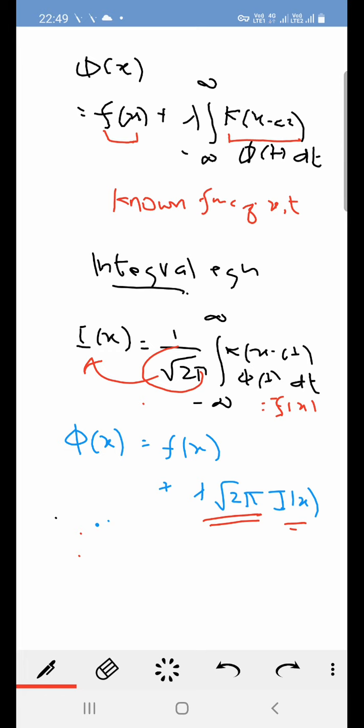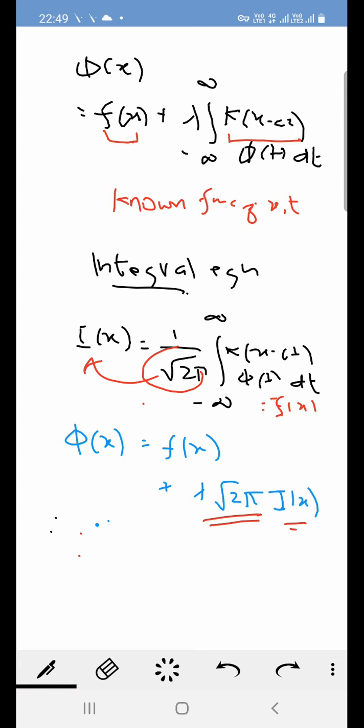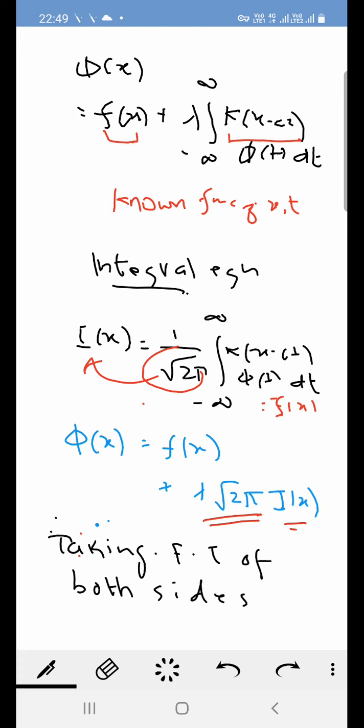Now in this condition, if we take the Fourier transform of both sides, let me write the equation once again.